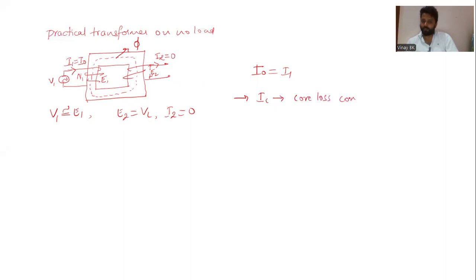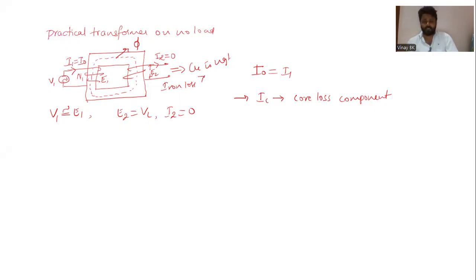Core loss component. Since secondary side is open, hence there is no current in a secondary side, hence copper loss in a secondary side is negligible. Cu is negligible, but iron loss is more. Iron loss is greater than copper loss.